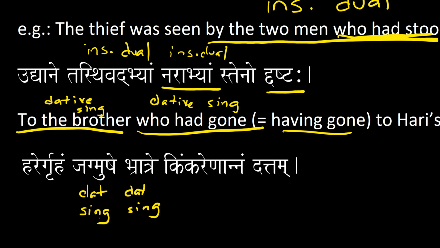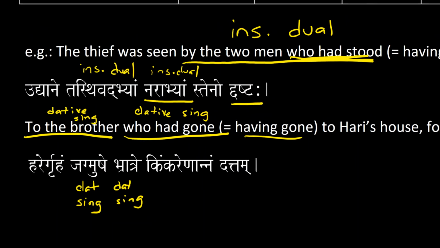So Hare Griham Jagmoshe Bhratre Kankarernarnam Dattam. Annam is food, so food was given. Dattam is was given. So again, to the brother who had gone, they're both dative singular.